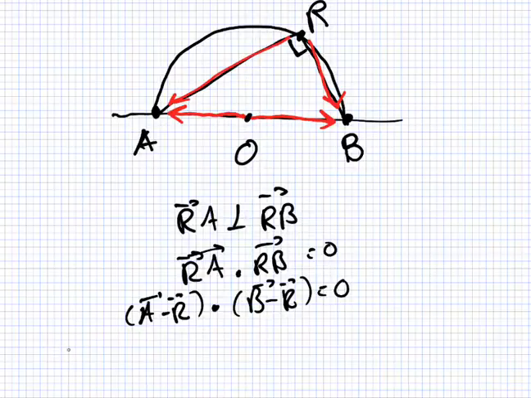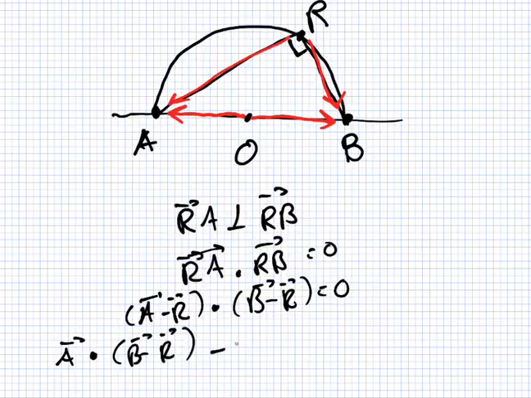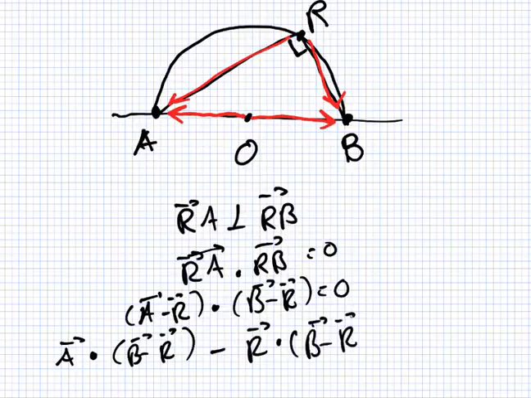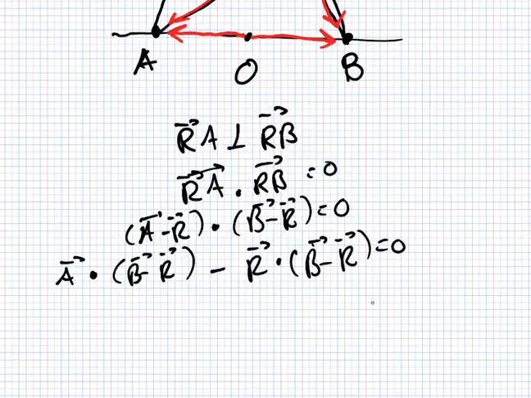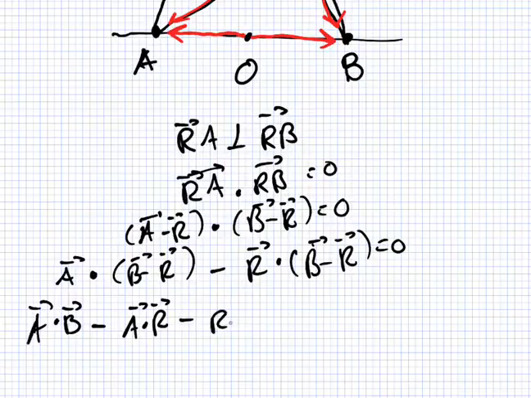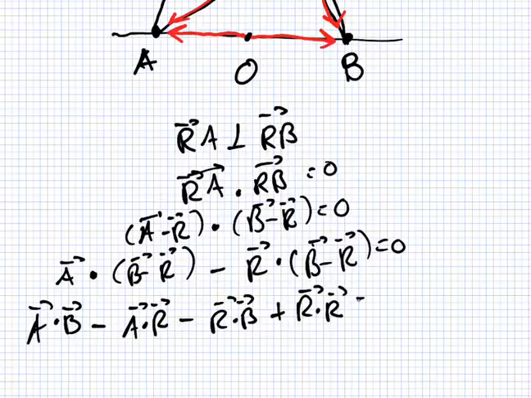So that means we want to show that A minus R dot B minus R equals 0. So we have A dot B minus A dot R minus R dot B plus R dot R equals 0.